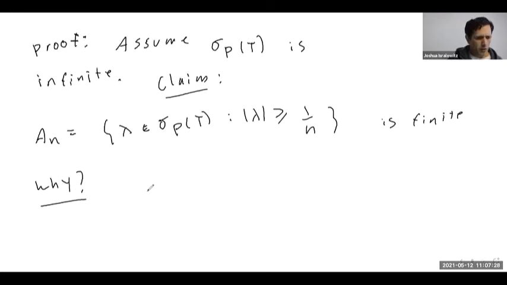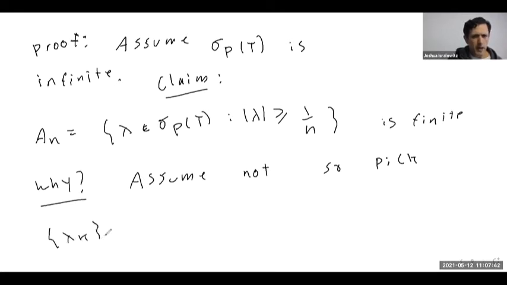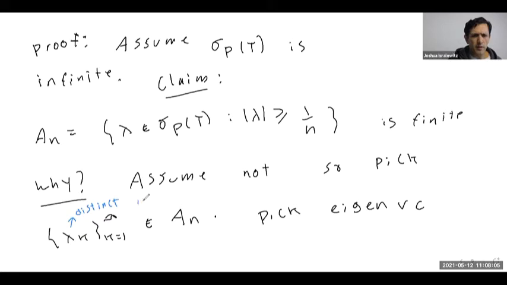Okay, well, why is this true? Assume not. So pick, let's say, lambda_k infinite in A_n. So pick eigenvectors, and make clear that these are all distinct.